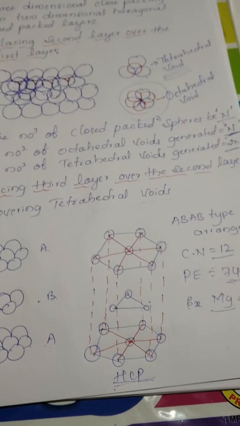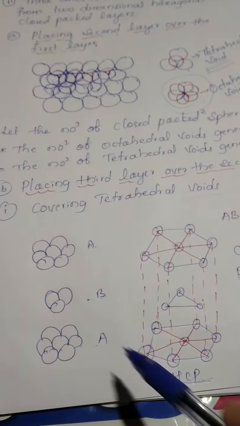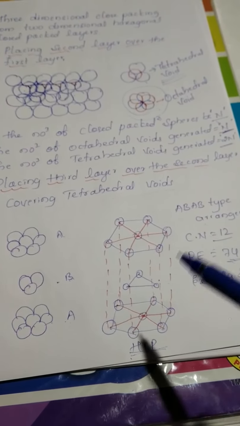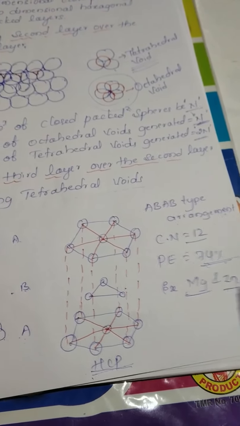And this sort of arrangement is found in metals like magnesium and zinc.